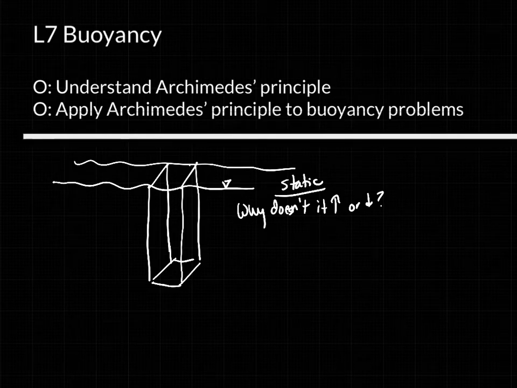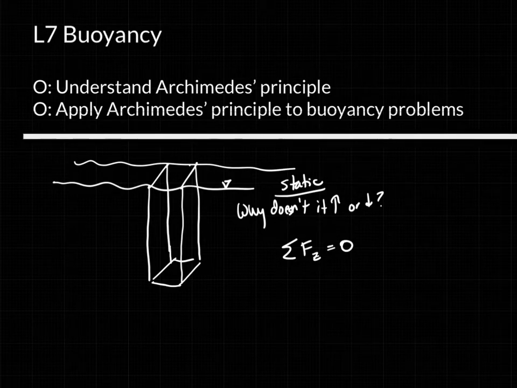So hopefully right off the bat you're saying, oh, that's easy, because the sum of the forces in the z equals 0. That's a requirement for things not to move, or really for things not to accelerate. But certainly, in order for you not to move, you can't accelerate.